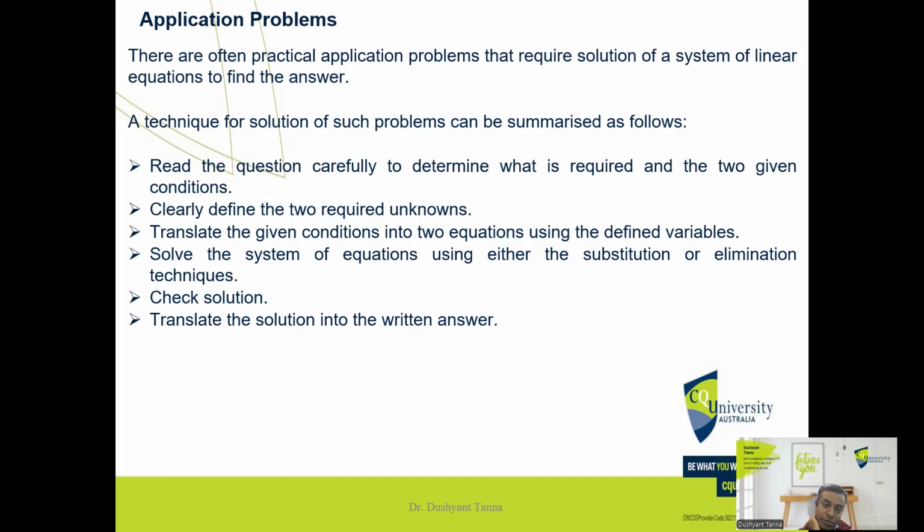Read the question and determine what is required and the conditions. Clearly define two required unknowns for the equations. Translate into equations using the defined variables. Solve it with substitution, elimination, or another technique. Check or verify the solution and translate the solution into a written answer, right?